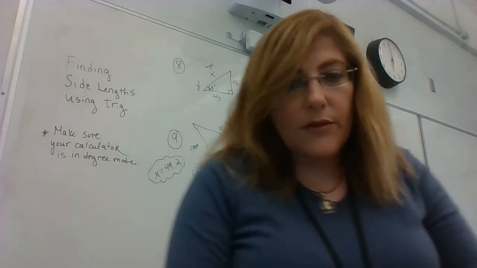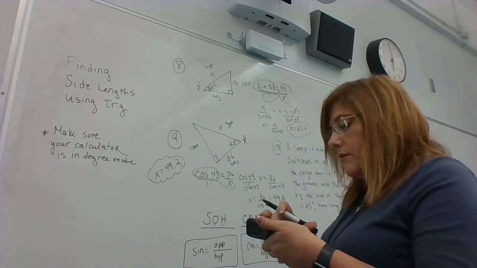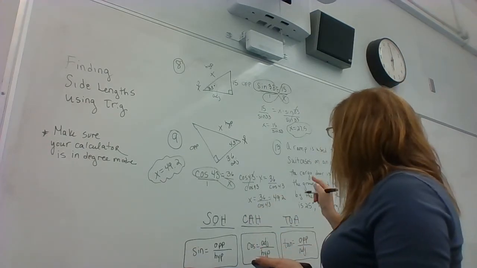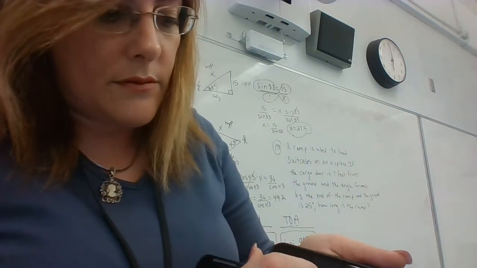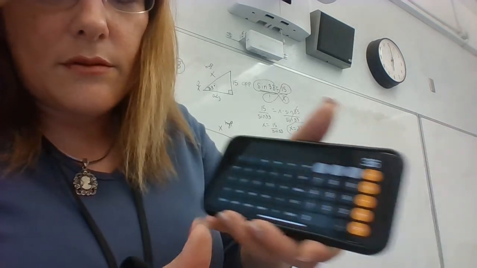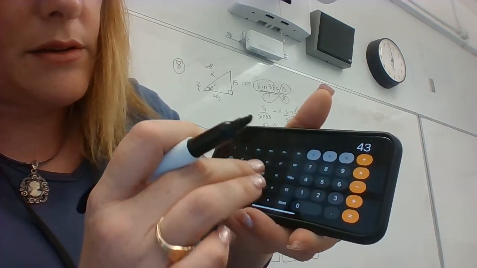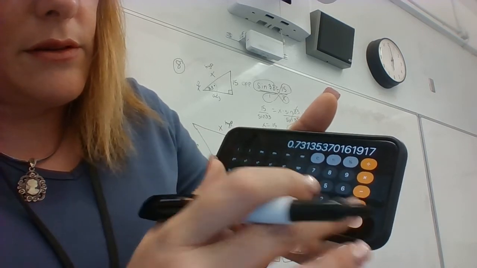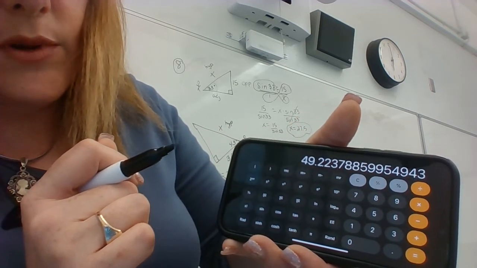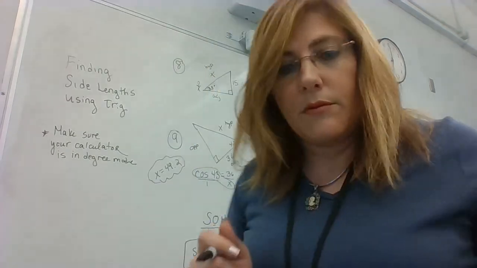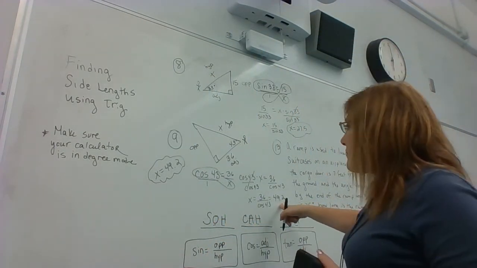Right? Let's try it over here. We've got 36 divided by 43 cosine equals 49.2. Same as over here.